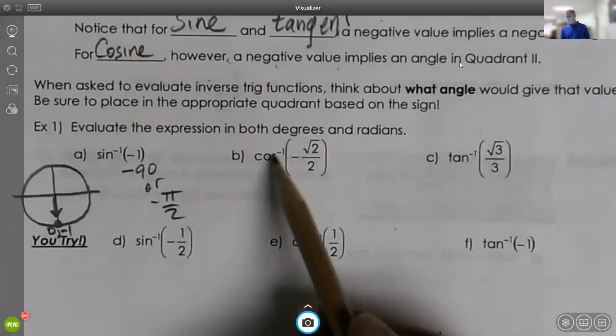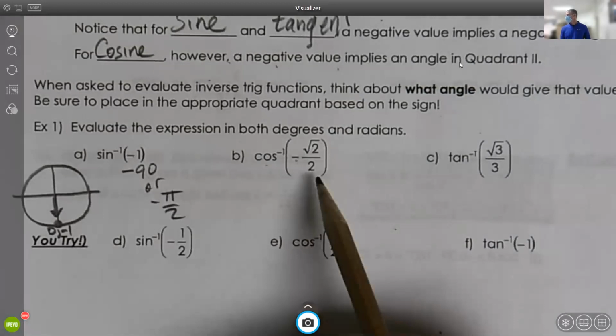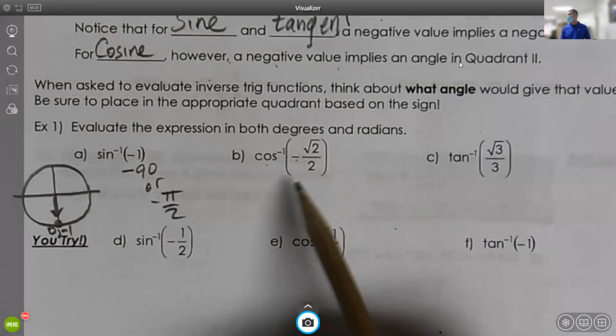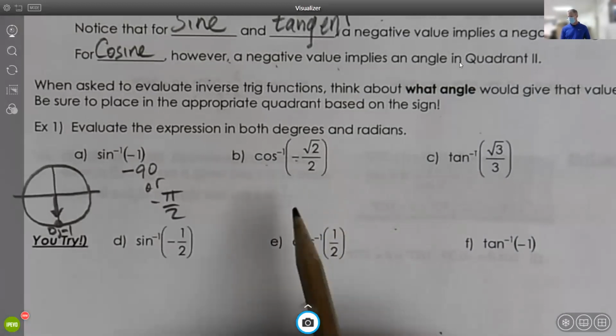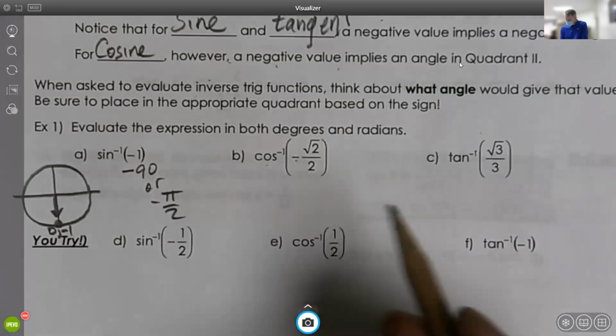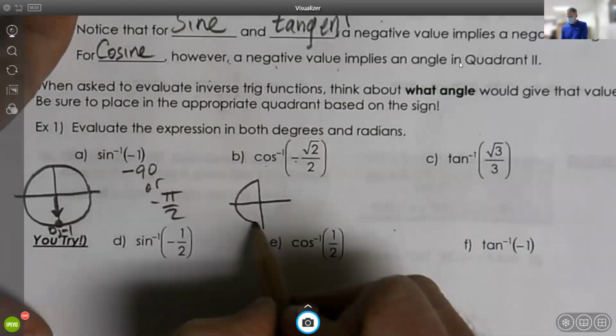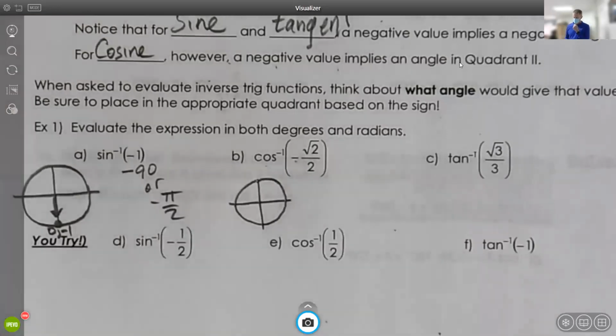Cosine inverse. Where is cosine -√2/2? Does any of that mean anything to you? Well, √2/2, that sounds like that's the 45 type angles, right? So when you draw out your practice circle, call it a unit circle, where is cosine negative?